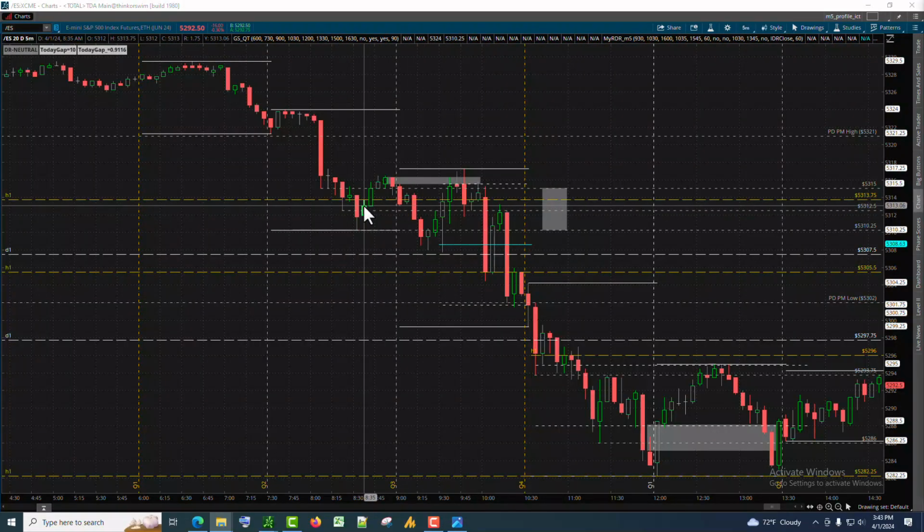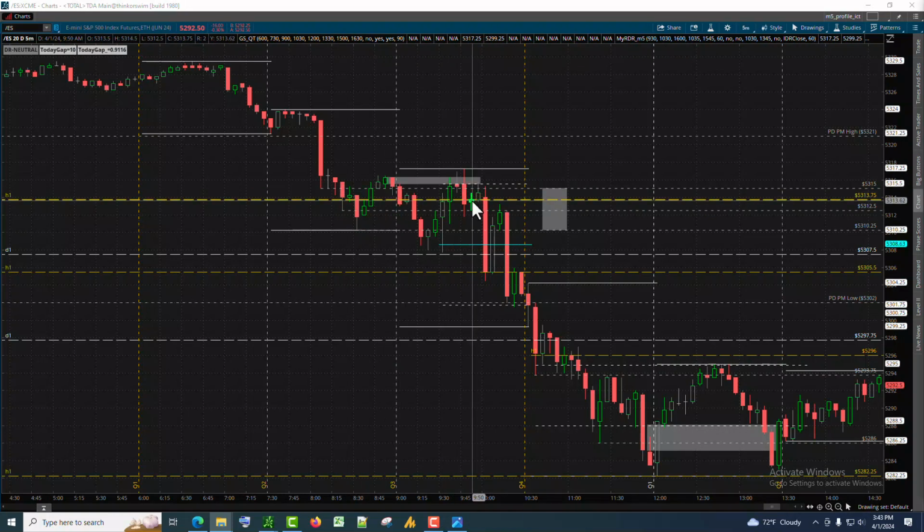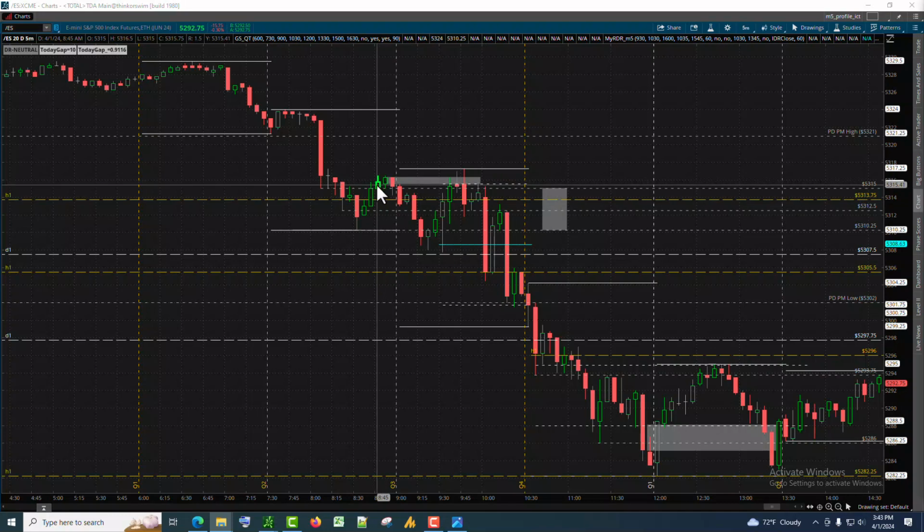So in this case, we mark this as a key level or breakout level. First we sit down and then we go up, and then it goes with the direction of the opposite direction of the first one.